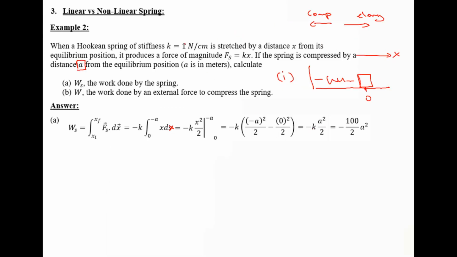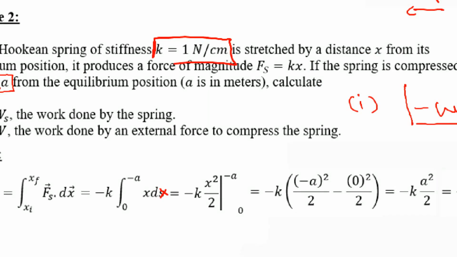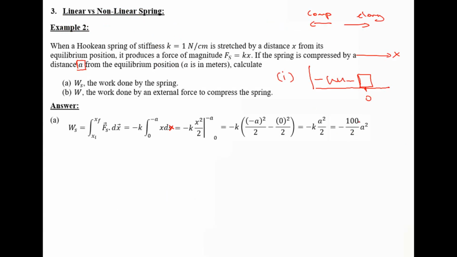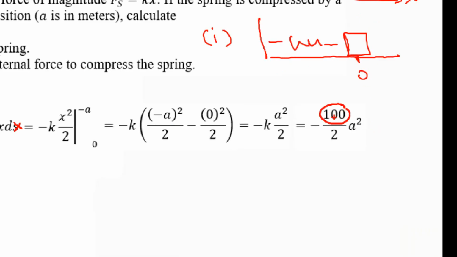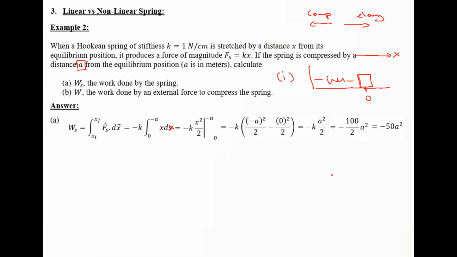So k is given by 1 newton per centimeter, and remember to convert from newtons per centimeter to newtons per meter. We should be multiplying by 100. And k is given by 100 divided by 2. That would be minus 50 a squared.